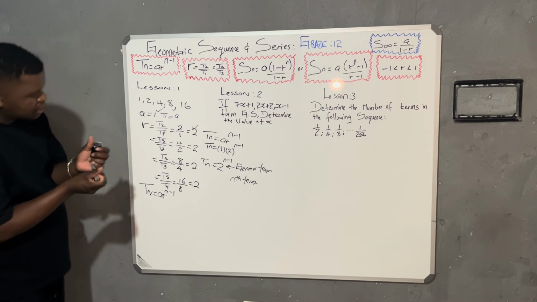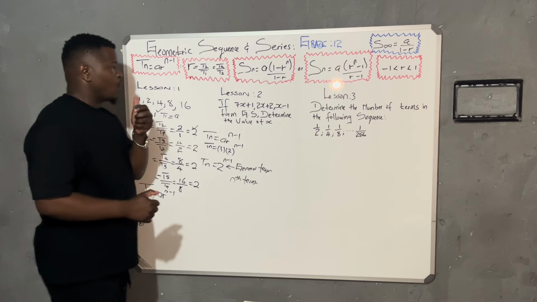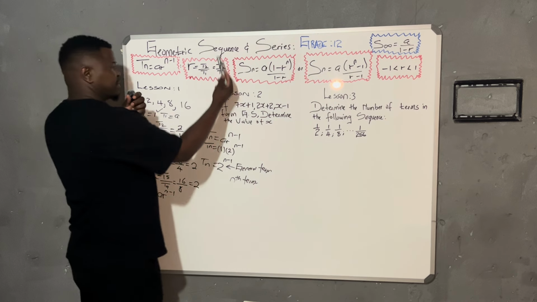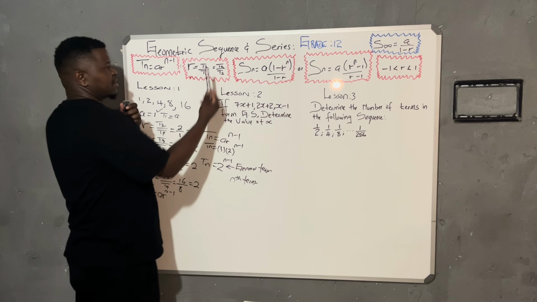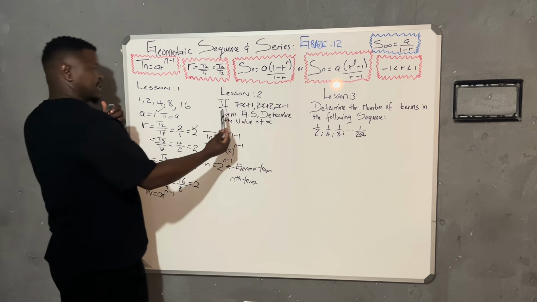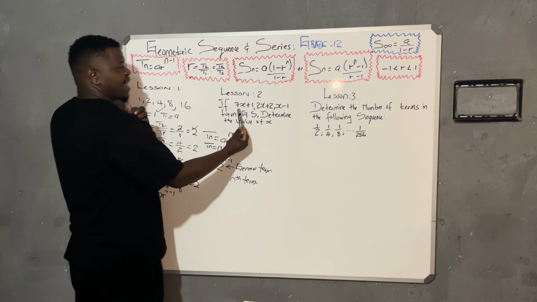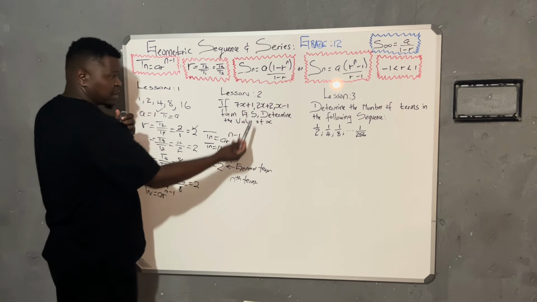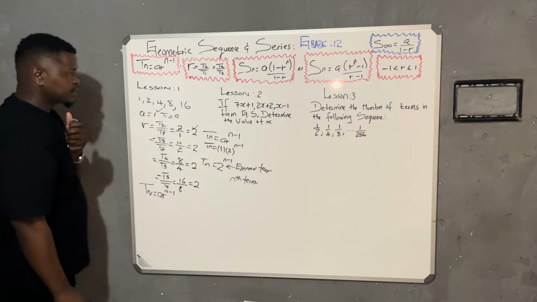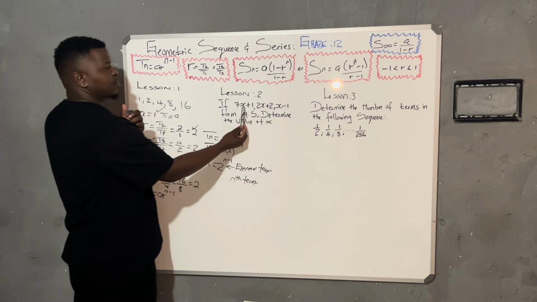Lesson number 2, if you check, we are having a sequence again, but it's a sequence that is given in expression form. This is an expression, 7x plus 1, because we do have this variable x in between.